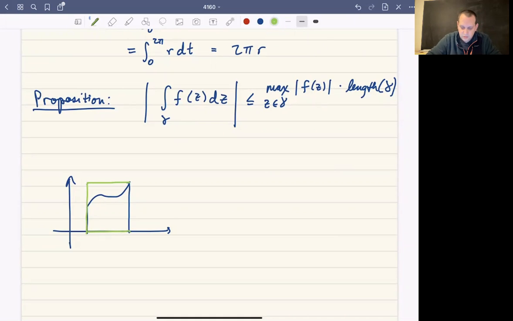So you know that the integral, which is this blue part, the area of that blue part, is going to be less than or equal to the area in the green box, which is the largest value times the width of the interval. So I think that's a better analog for what's happening here, but this is another property that these complex integrals are going to have.